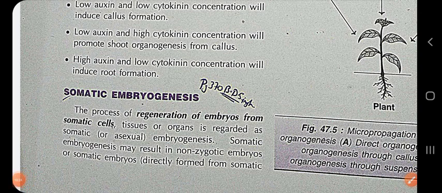Now we are going to discuss somatic embryogenesis. It looks like a strange thing that we can generate embryos from somatic cells, that is, the normal cells of the explant, from tissues and organs. That is known as somatic embryogenesis.